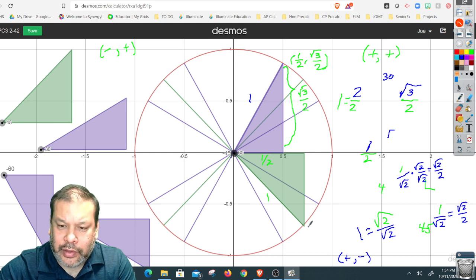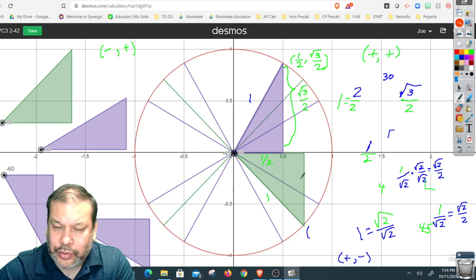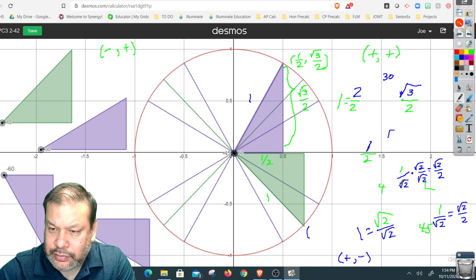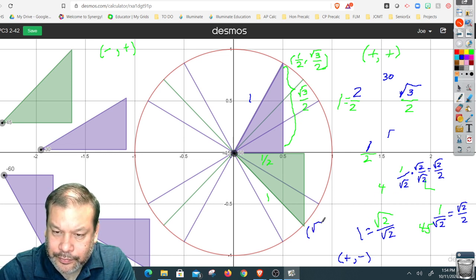So this coordinate point is going to be what we knew as this side right here, going in the x direction, which we found to be the square root of 2/2. And since we're going down, it's negative square root of 2/2.